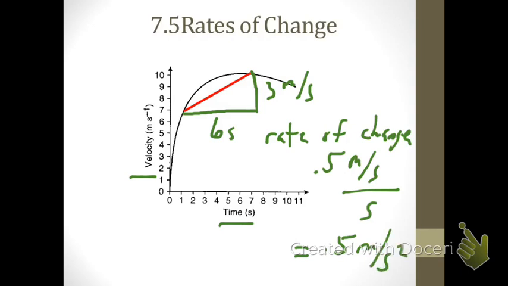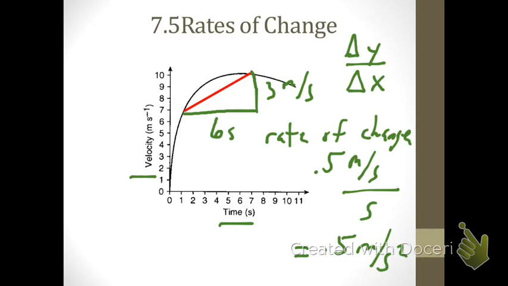For those of you taking physics, you might recognize that when we found that average rate of change in velocity, that slope ended up being an acceleration measurement. But the point is, you're asking what is the change in y compared with the change in x, and how much does y change for every single unit that x changes. That's what slope represents, and that's how you find a rate of change.